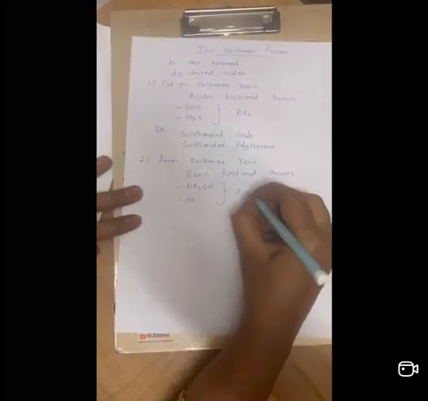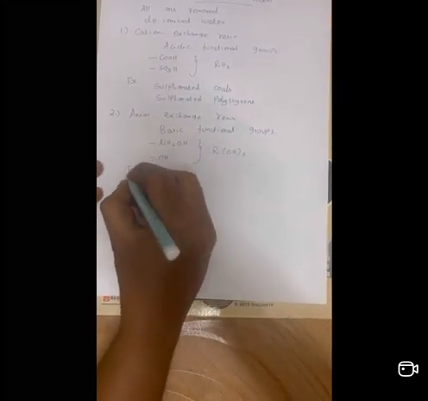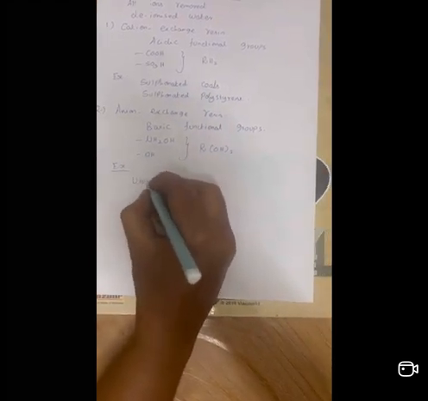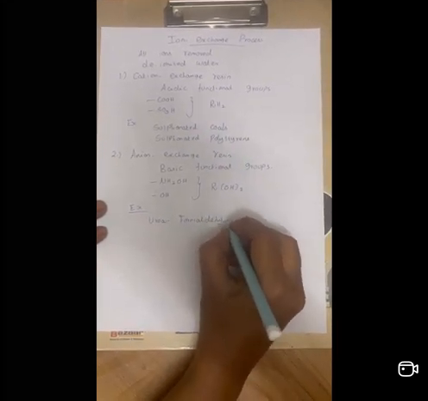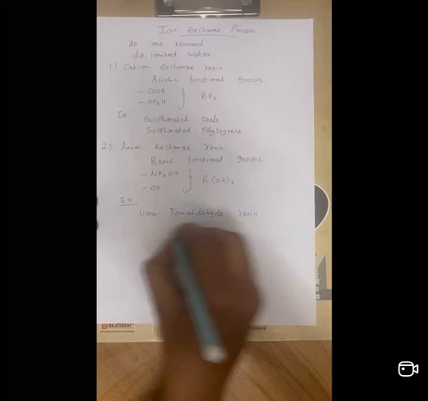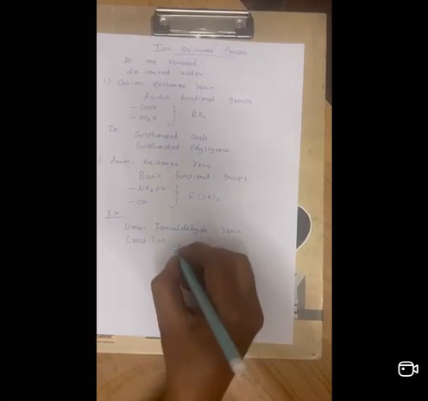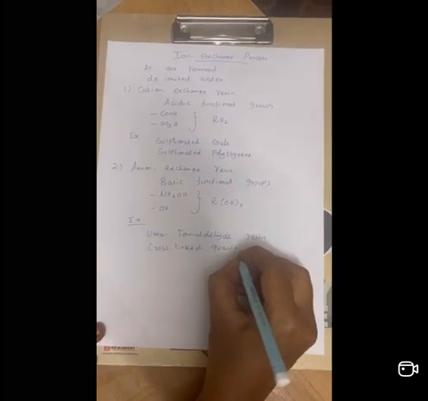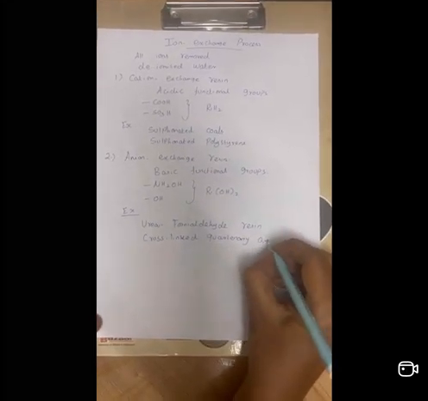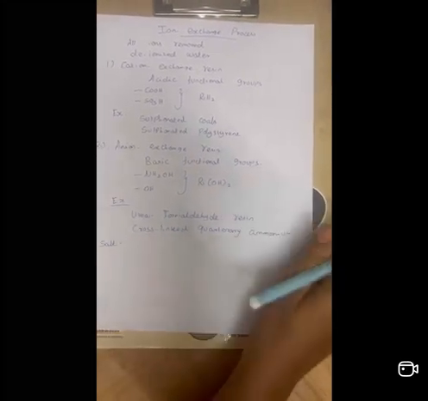They can be in general represented by R(OH)2. Examples for anion exchange resins are urea formaldehyde resin and cross-linked quaternary ammonium salt. So let us discuss the process.